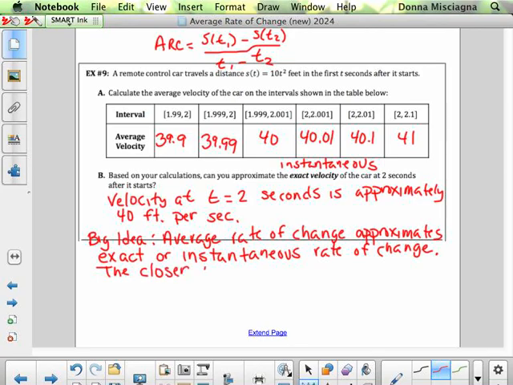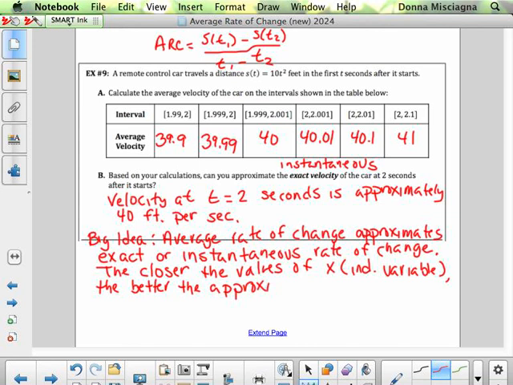The closer the values of x, x being the independent variable, the better the approximation. Go ahead and add that to your notes.